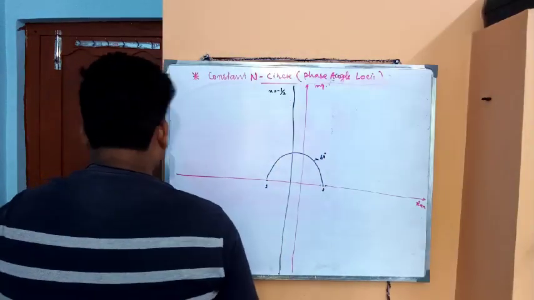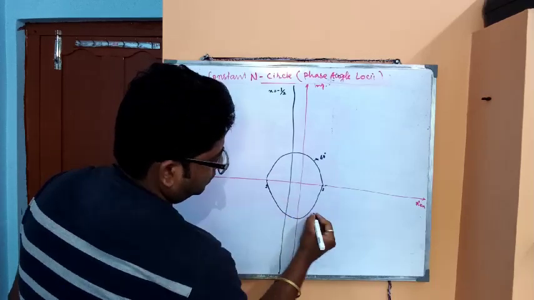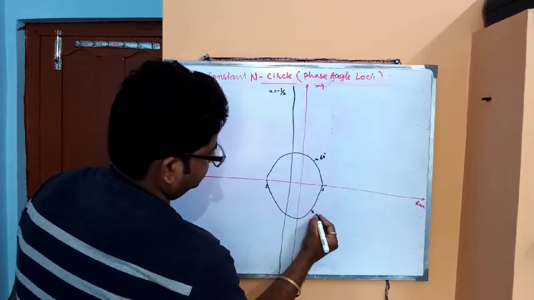Similarly for minus 60 degree the circle will look like this.